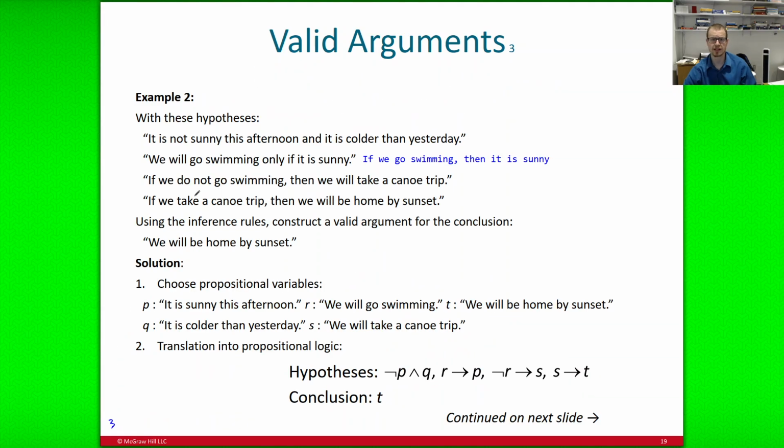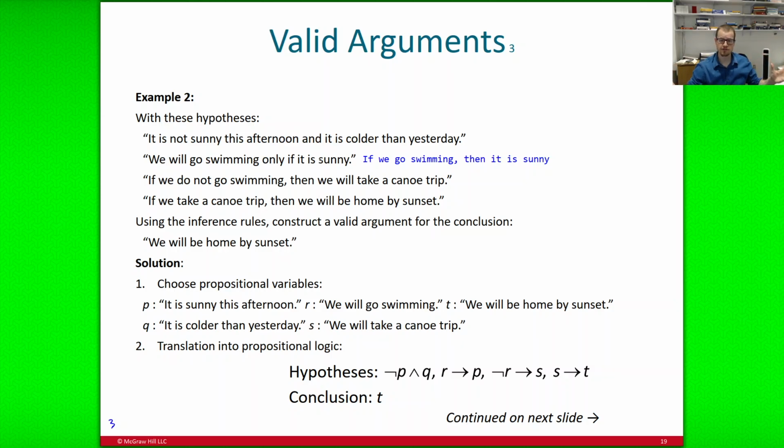That was this one, and then the other example that we want to do. There's a little bit more going on, but it's a contextual thing. We have English sentences that we want to use. So it is not sunny this afternoon, and it's colder than yesterday. We will go swimming only if it is sunny. Now, I don't necessarily like the way that this is written.